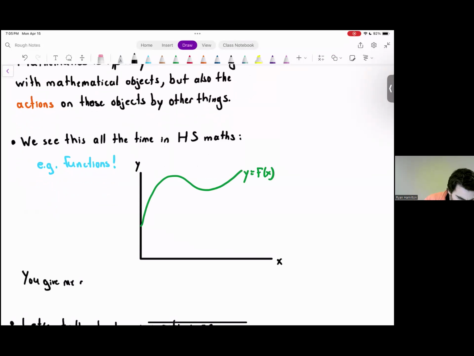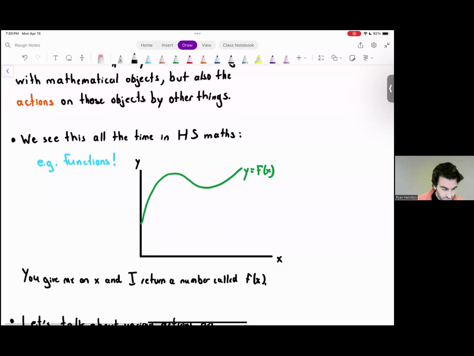You give me an x, and I return a number called f of x. The x itself is not terribly important. What is important is the function itself and what it does to all of the x's. And that's what we see when we look at the graph of a function.